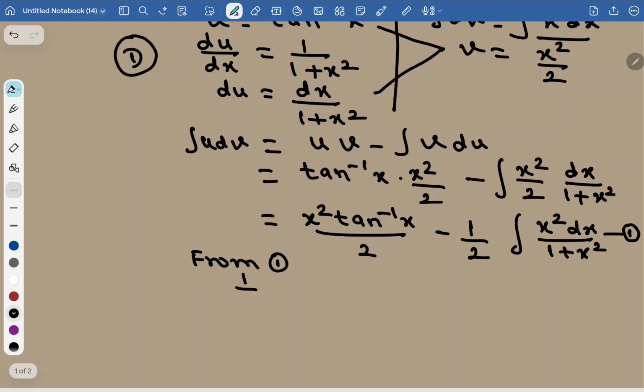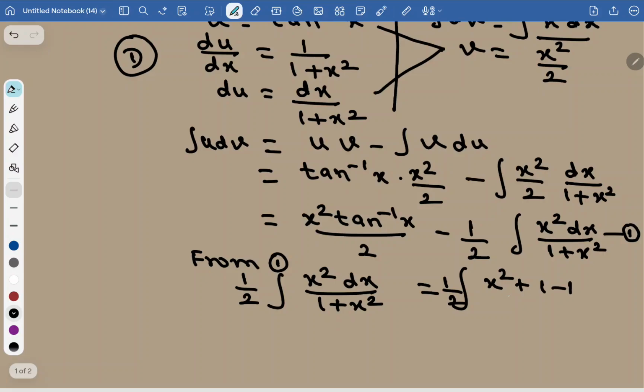From 1, 1 by 2 integral x square dx by 1 plus x square can be written as 1 by 2. I am adding 1 and subtracting 1 because I need 1 plus x square in the numerator, so that integration will be very easy.